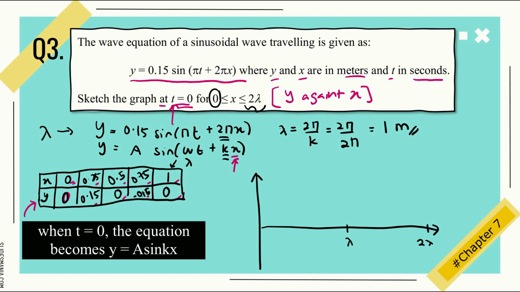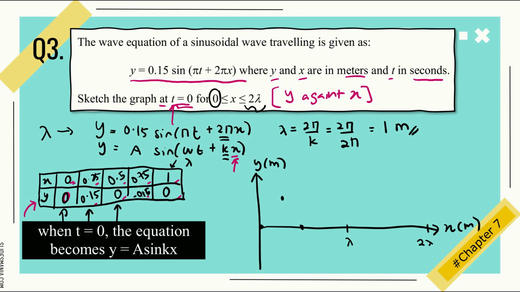Label your axes: y is in meters, x also is in meters. We start with 0. When x is equal to 0, y is equal to 0. When x is equal to 1/4 of the wavelength, y is positive. When x is equal to 0.5, half of the wavelength, we get 0.